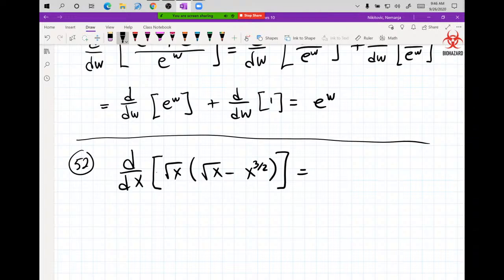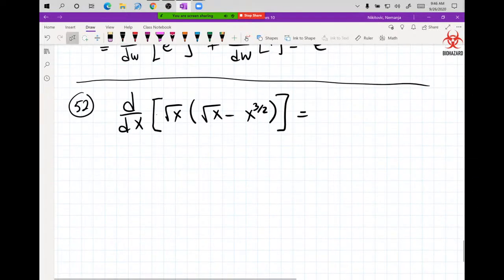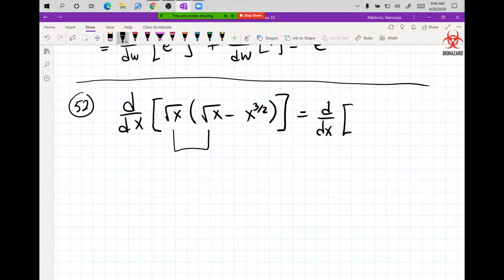Okay, so we have the first suggestion for the answer to be x minus 3x squared. Oh no, this is simplified when you multiply. Yeah, okay. So you have to multiply these two. So root x times x is x.